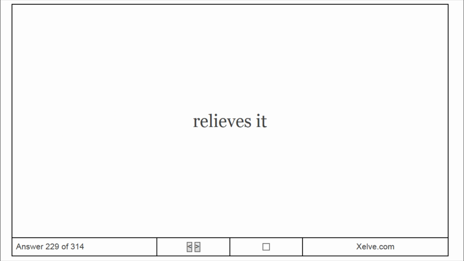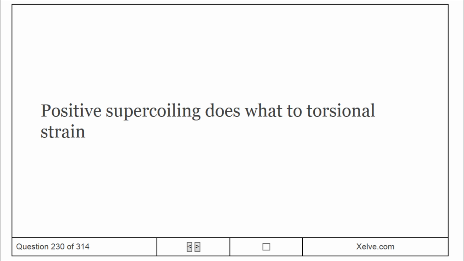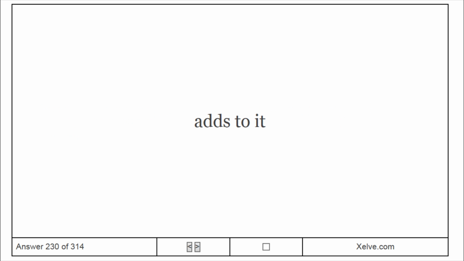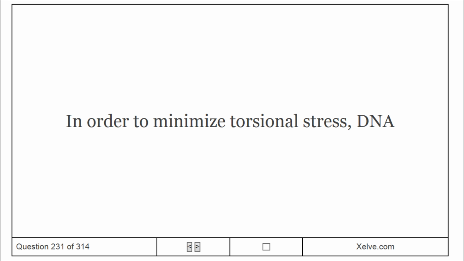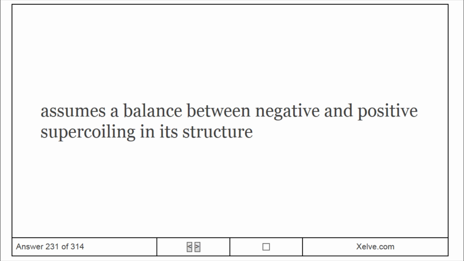Relieves it. Positive supercoiling does what to torsional strain? Adds to it. In order to minimize torsional stress, DNA assumes a balance between negative and positive supercoiling in its structure.